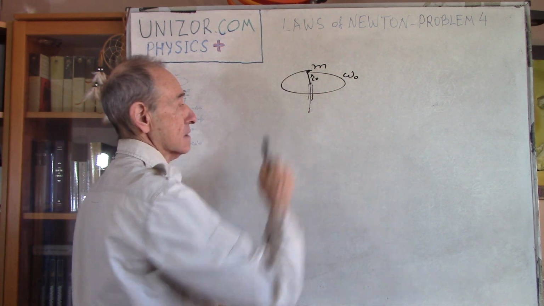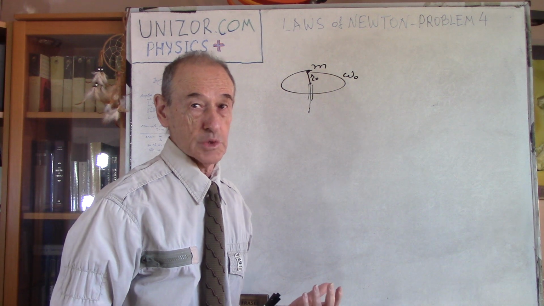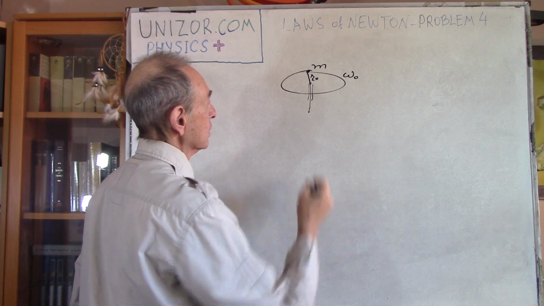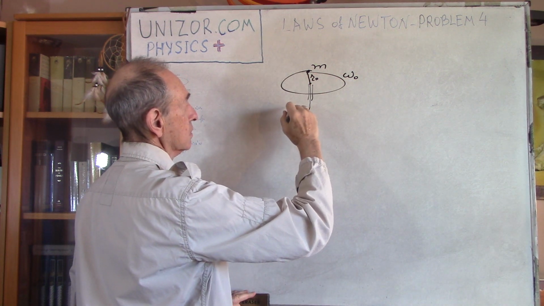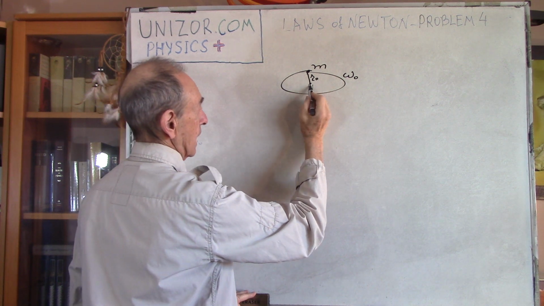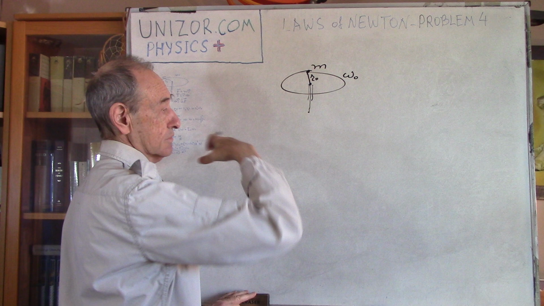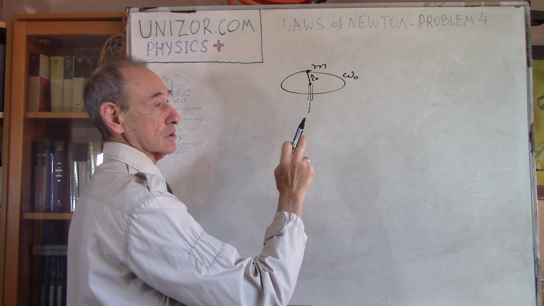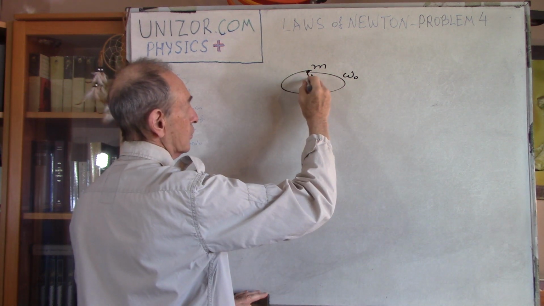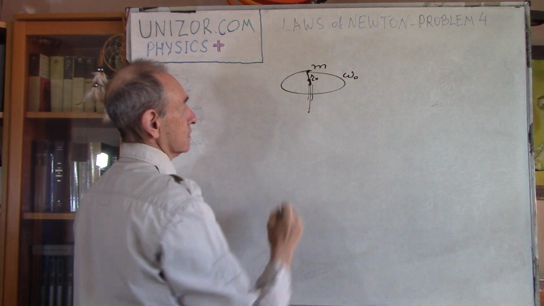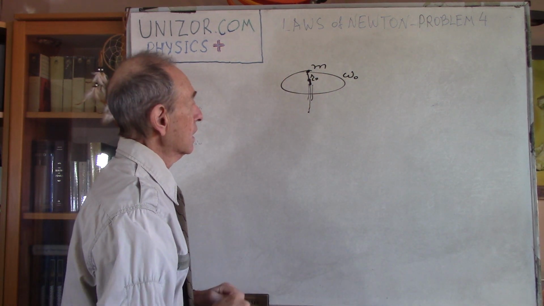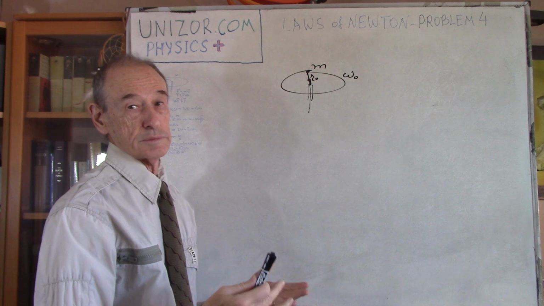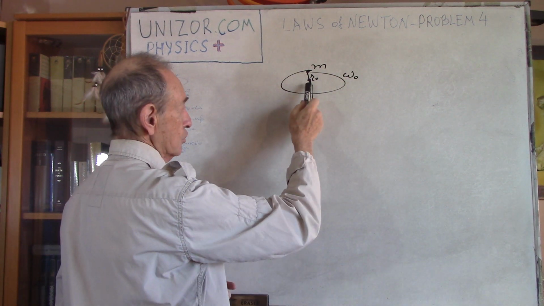Now, what is the force which acts on this mass? Well, the force is the tension of the thread on which it's rotating, right? And since my tube is positioned perpendicular to the plane of rotation, and it ends exactly at the center of rotation, the force which holds the mass on the circular trajectory is directed along the thread, and it's always central, because my tube ends at the center.